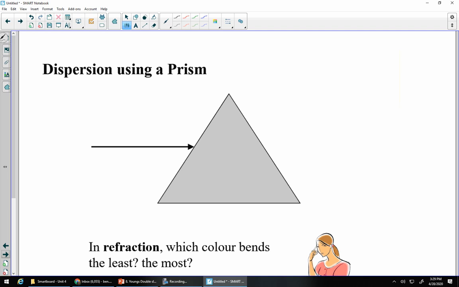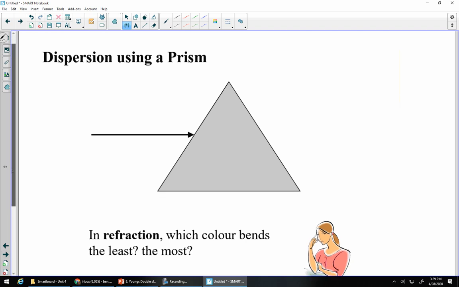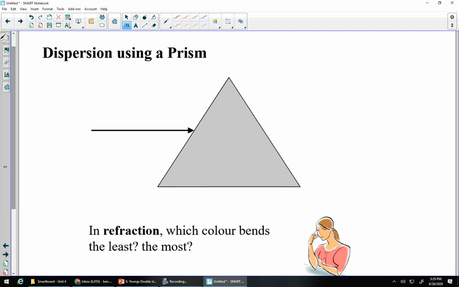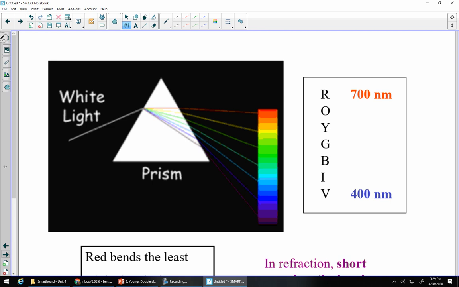So dispersion using a prism. Do you remember which ones bend the most and which ones bend the least? Which wavelength? Is it red or is it violet? Take a second to think about that. If you're saying that the violet bends the most, absolutely 100%, you are spot on.